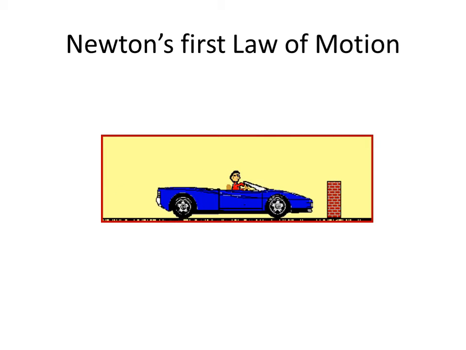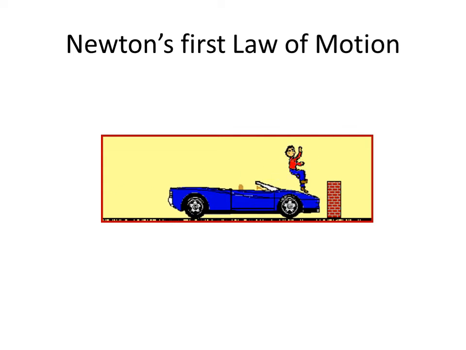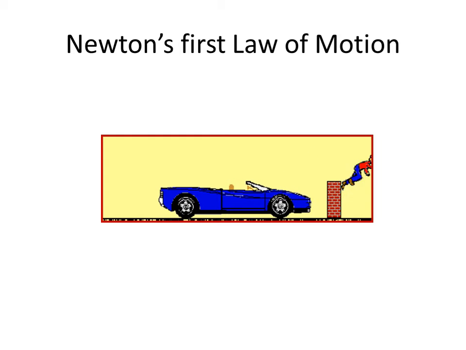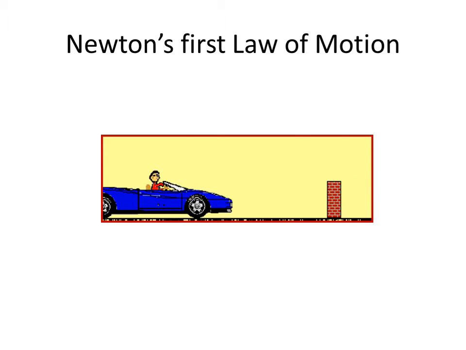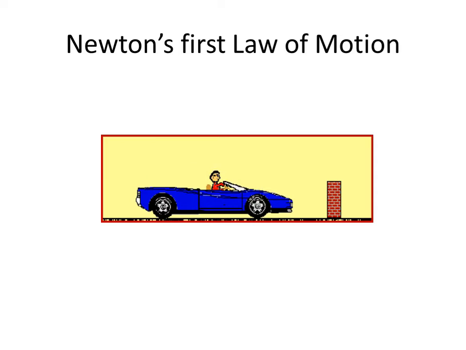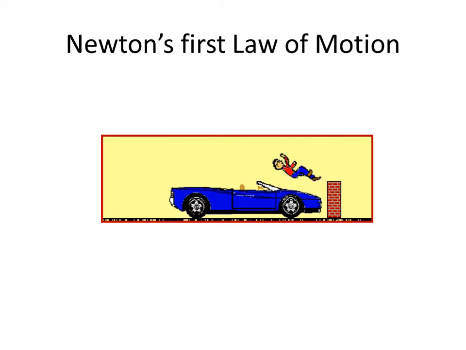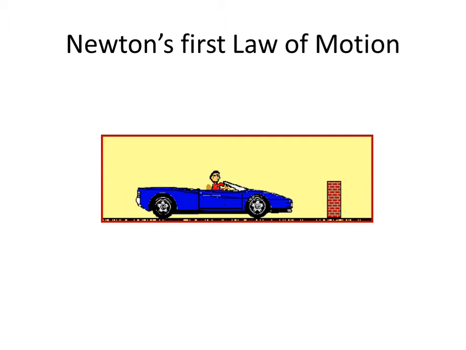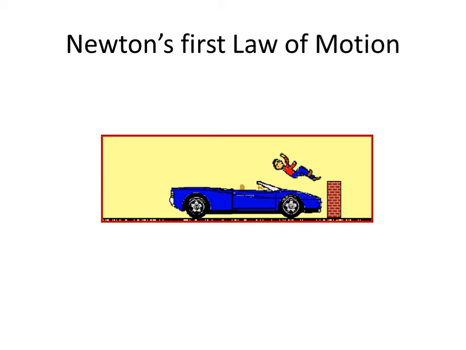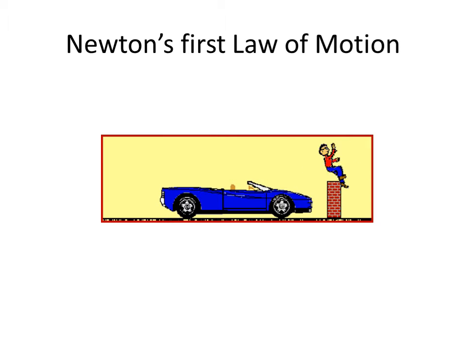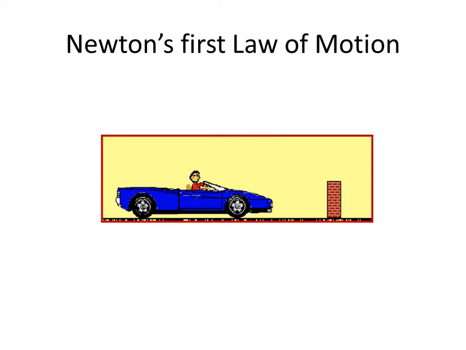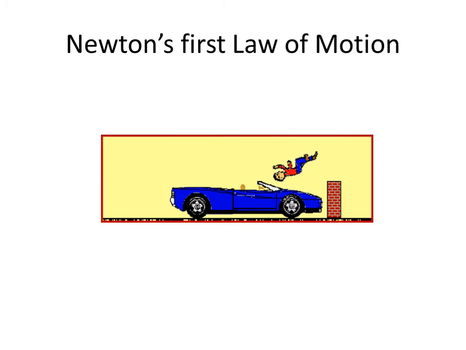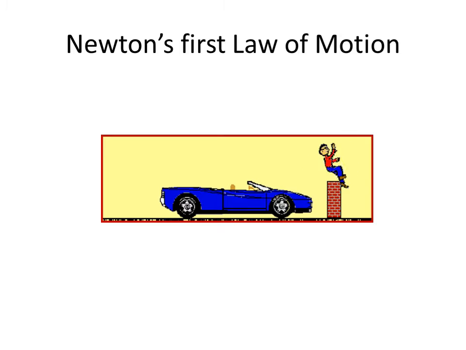When the car hit the wall, a force acted on it, which caused it to stop. But the driver was in motion and he tends to stay in motion. That's why he could fly forward. Here comes the importance of the seat belt, the airbag, and even the headrest on the seat at the back.